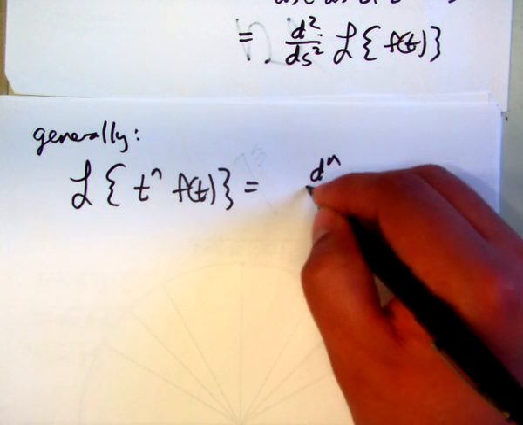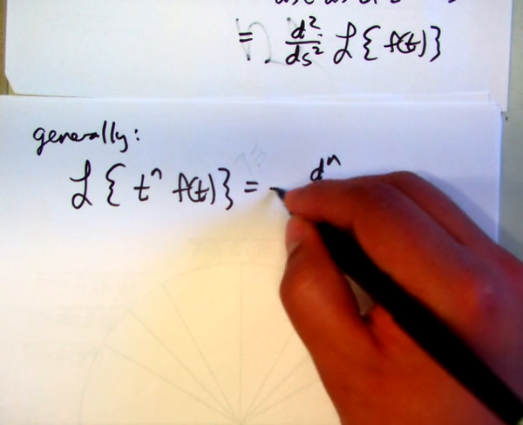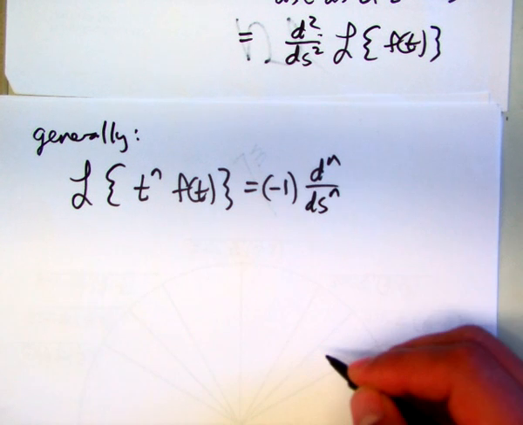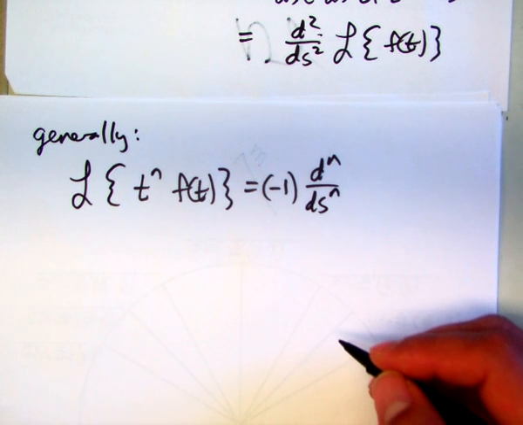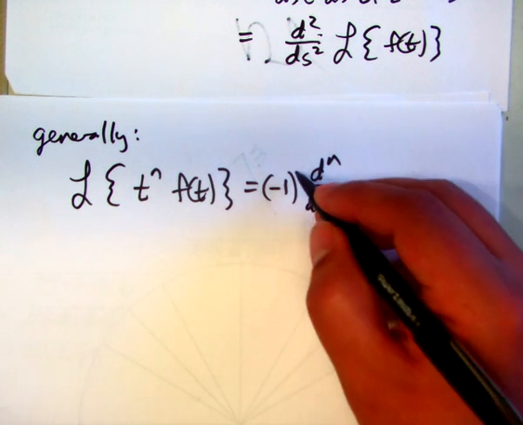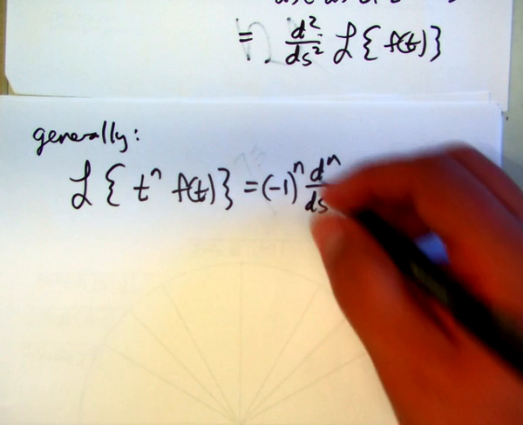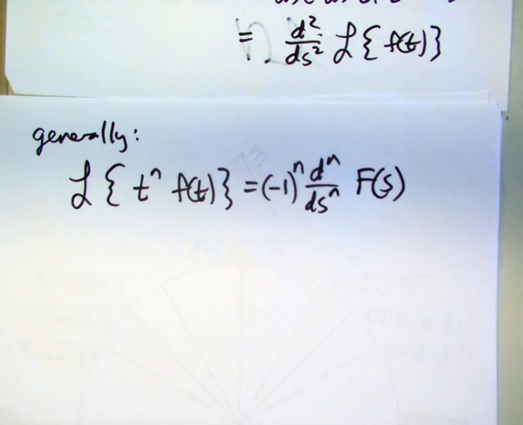Nth order derivative, good. Somehow we need to adjust the sign, right? So we need a -1. First case was negative, second was positive, so we could just do (-1) to the n, right? And then we have our F of s.